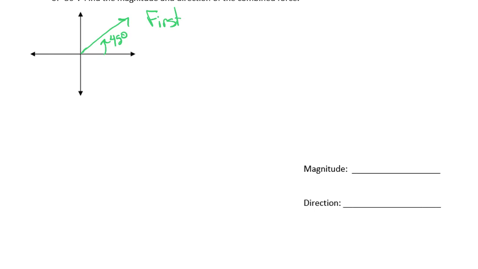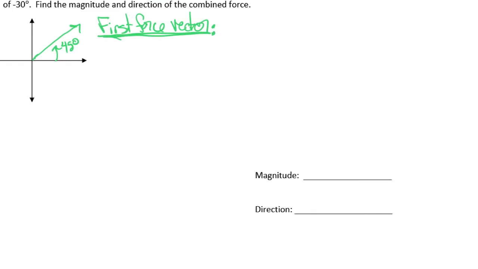First force vector. So that's going to be 50 cosine 45 and 50 sine 45.